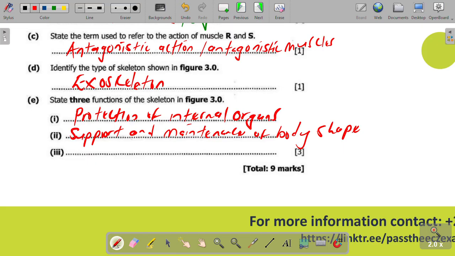Okay. Explanation. So the skeleton gives the body firmness, remember that, and keeps its shape. All right, it keeps its shape. The skeleton supports and maintains the body shape.